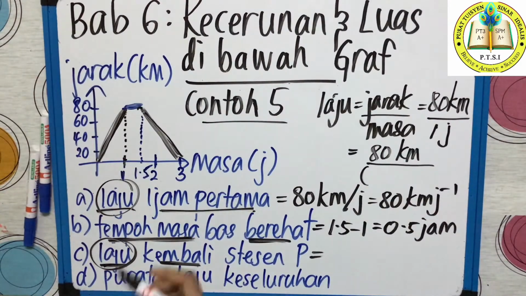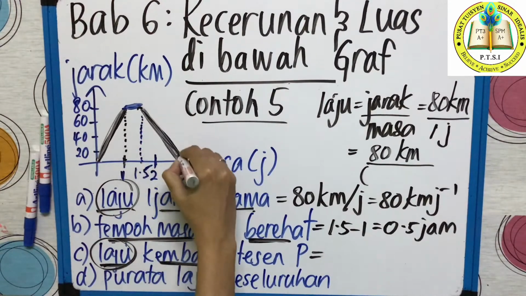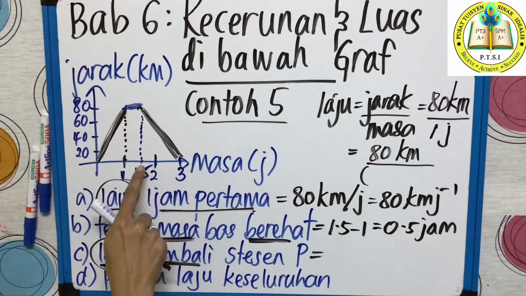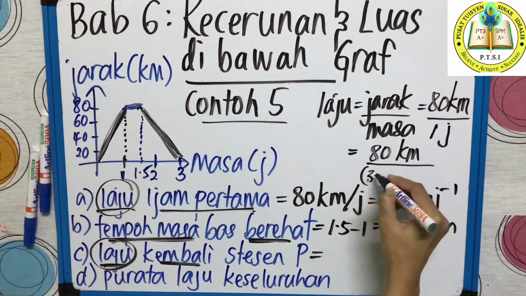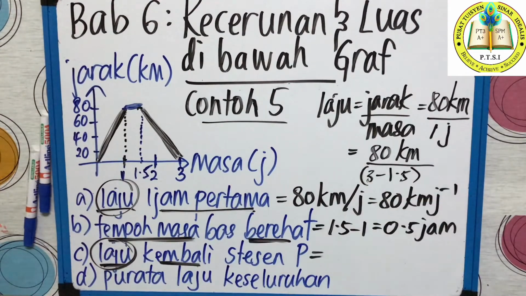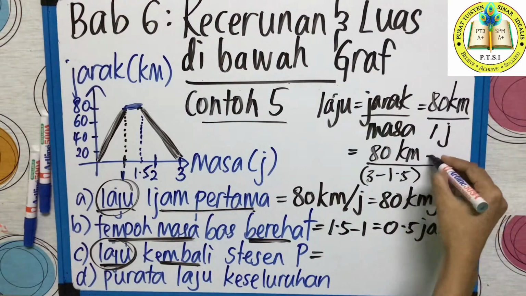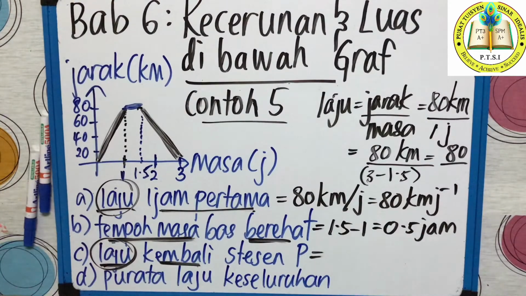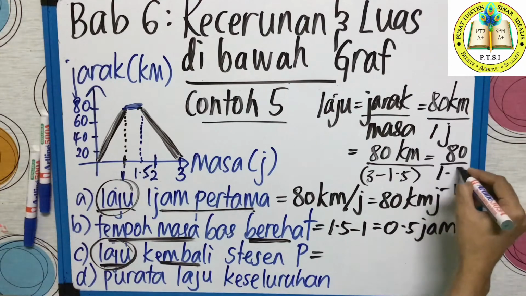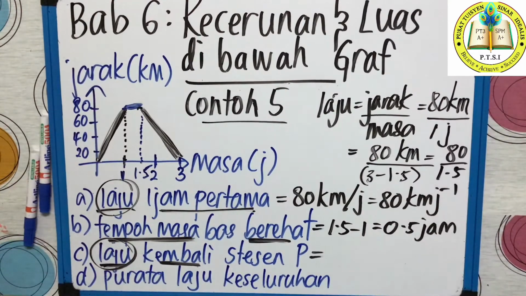Masa is the time. Now you only must see this section time. Here is 3, here is 1.5. So what you supposed to do? 3 tolak 1.5 baru kamu dapat masa. So when you divide, this one is 80, divide by 3 minus 1.5. What do you get? You get 1.5. So press calculator. 80 divided by 1.5. You get 53.33.